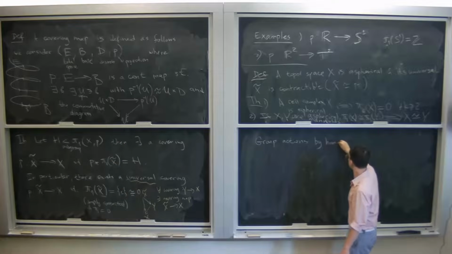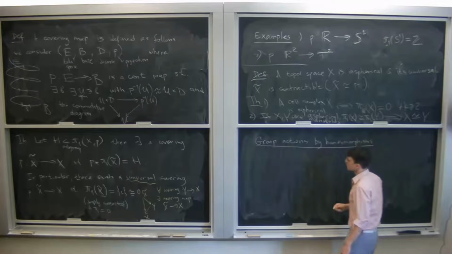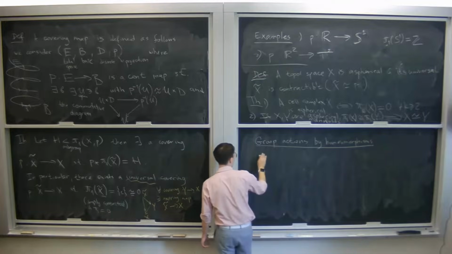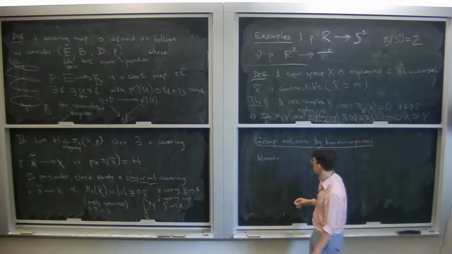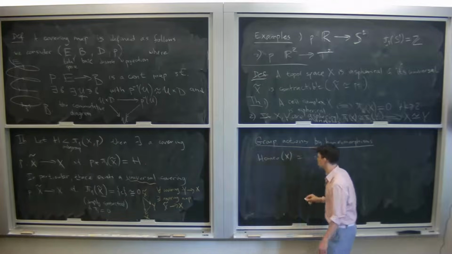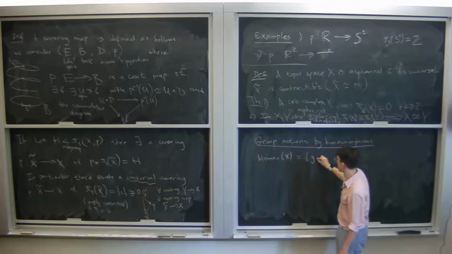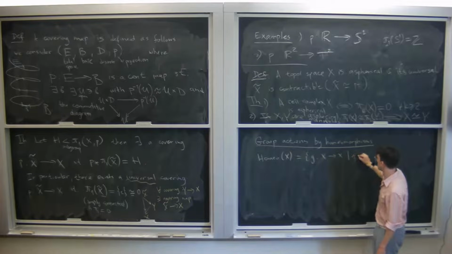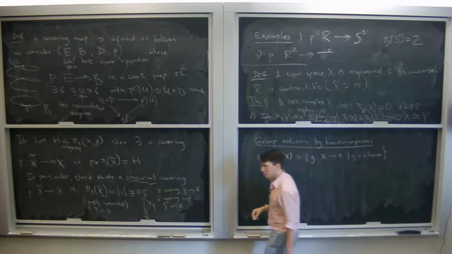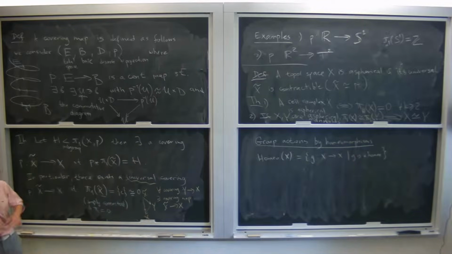Okay, first of all, I will denote Homeo of X, which is just the group of homeomorphisms from X to X. One can definitely check, it's not so hard to check, that this set indeed forms a group with respect to standard composition.